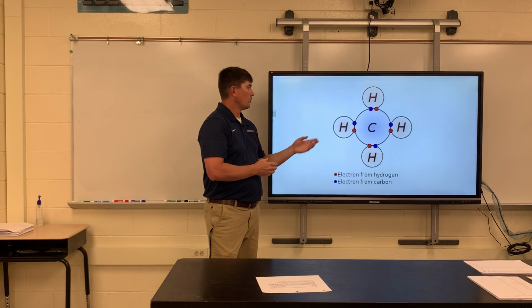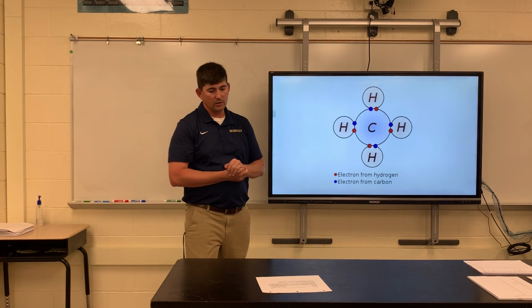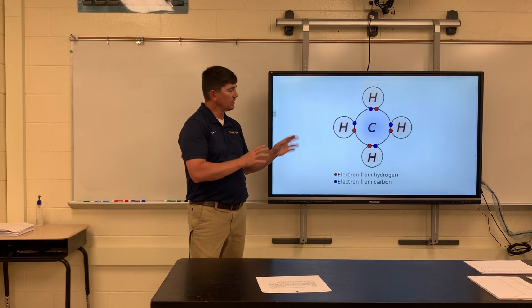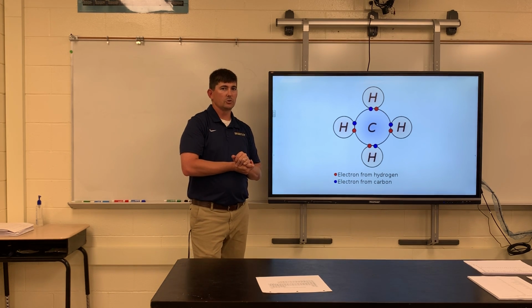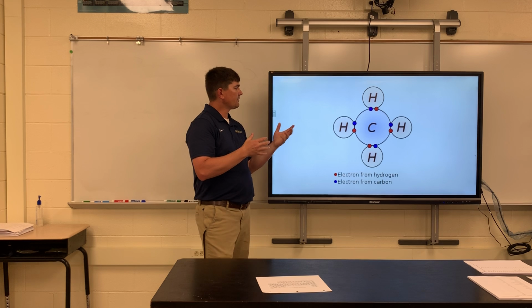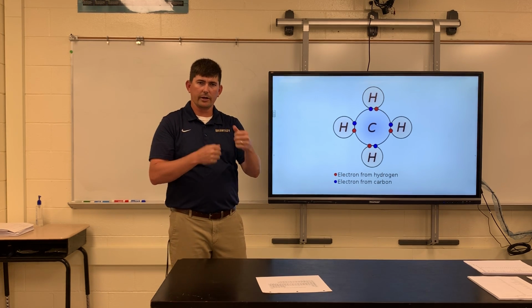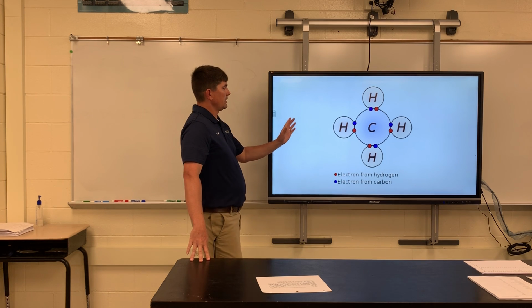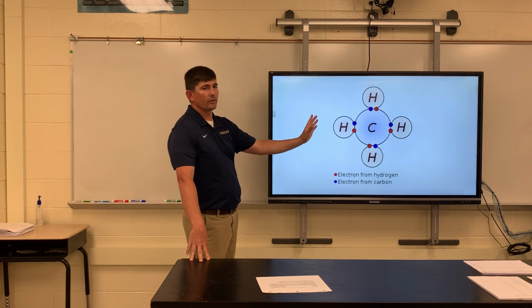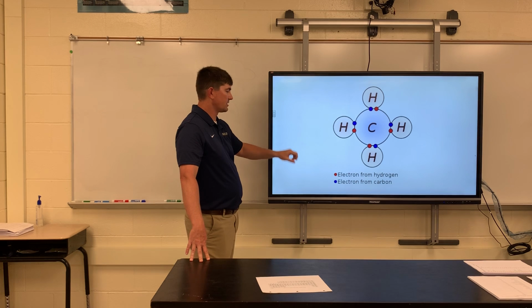But if there was a difference in electronegativity, which there's a little bit of, but not much, between these 2 guys, then there would be a slightly unequal sharing of the electrons. So the electrons would spend a little bit more time around the carbon than they would around the hydrogen in this case, but just barely.